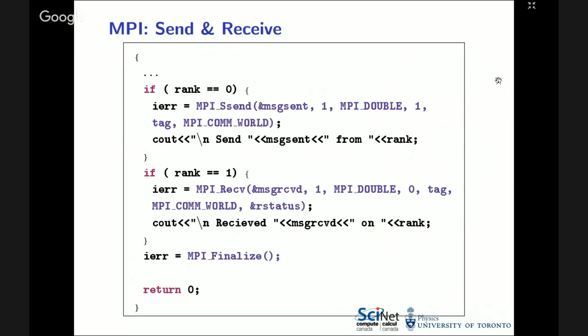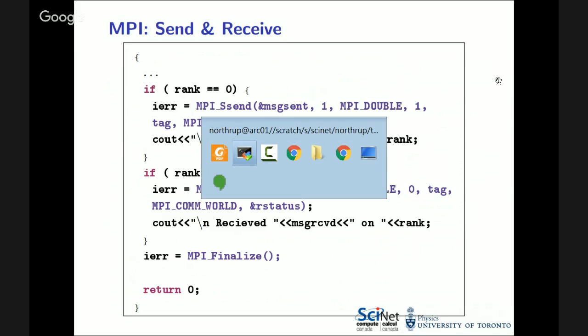When the code runs, it's going to go in here and send this message and then end. And then the other processor, 1, is going to ignore this, because I don't satisfy the if condition, and I'm going to run this other part. So I'm rank 1, I'm going to receive a message of size 1 and then output it as well. And then I'm going to finalize. In general, you don't want to do this for every message, but this is a teaching example where I can break all the rules and do things that normally wouldn't make sense.